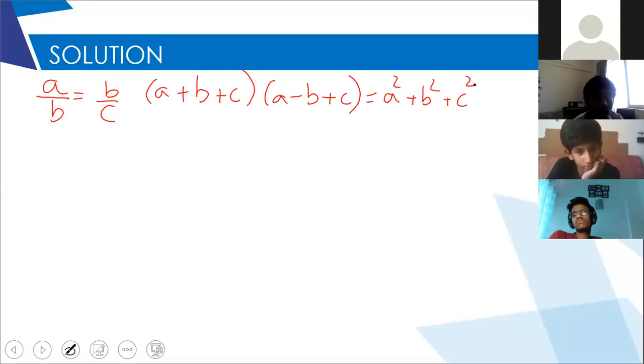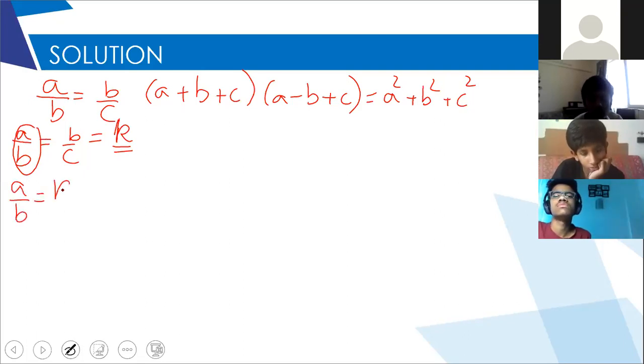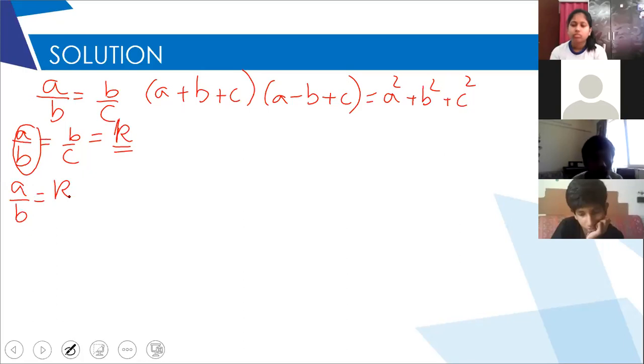See the ratio of A upon B and B upon C. They've given us that it is constant. So I will assume it to be constant by introducing a letter K. Then I will equate this with K. So A upon B is equal to K, where A is equal to BK.